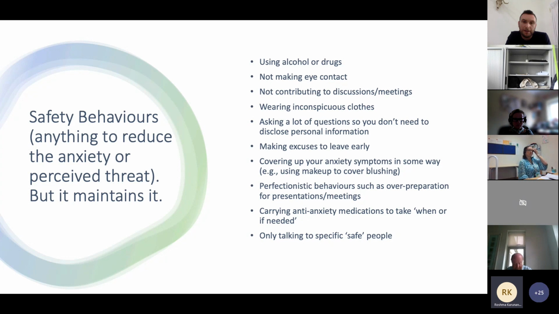Perfectionistic behavior, being over-prepared, carrying anti-anxiety tablets with you, only talking to specific safe people. Okay, so some people might be okay, and some people might be very, very dangerous to speak to. So it's all about trying to understand where the person comes from, really getting into the story so we understand the mechanics of what's happening.